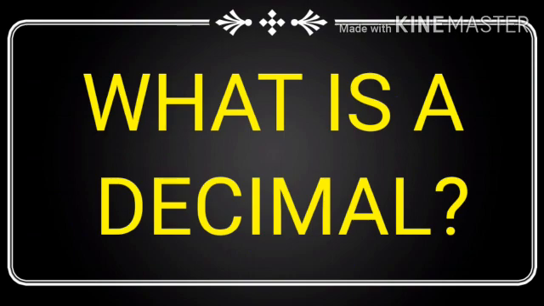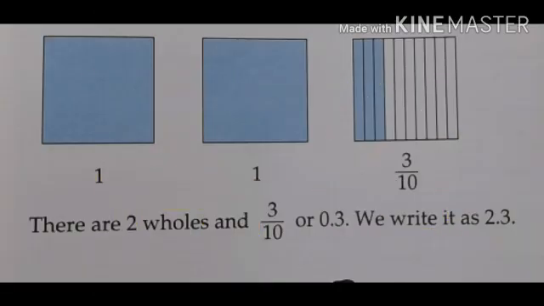Before I define a decimal number, let us go through one example. Here I have taken 3 squares of same size, out of which 2 squares are completely shaded, and the third square is divided into 10 equal parts, out of which 3 parts are shaded.